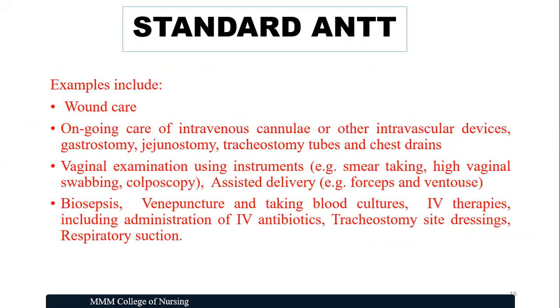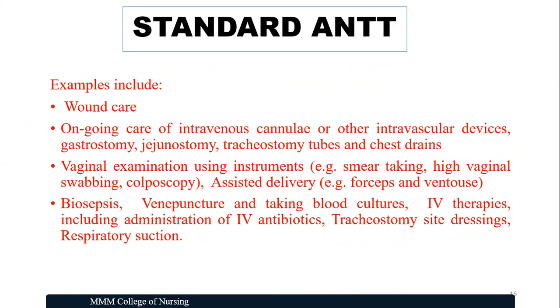Some of the examples of using the standard ANTT are procedures during wound care, intravenous cannulation, or using other intravascular devices, or ostomies, drains, biopsies or venipuncture, taking blood cultures, IV therapies, administering IV medication, tracheostomy site dressing, respiratory suction, or vaginal examination using instrument-assisted delivery.